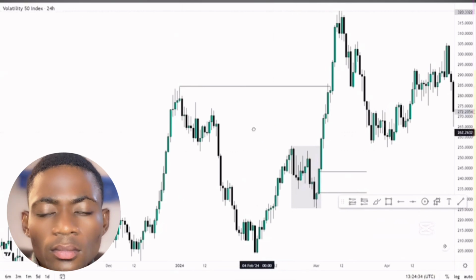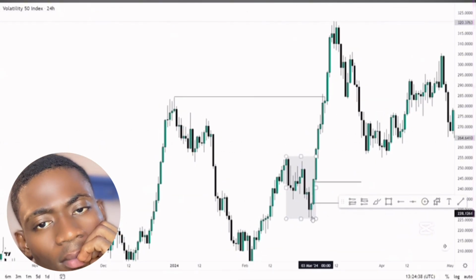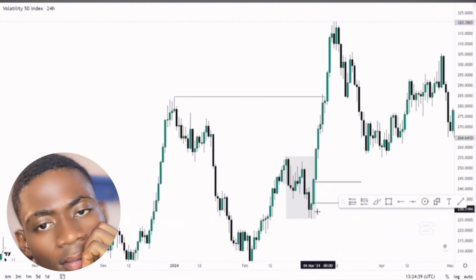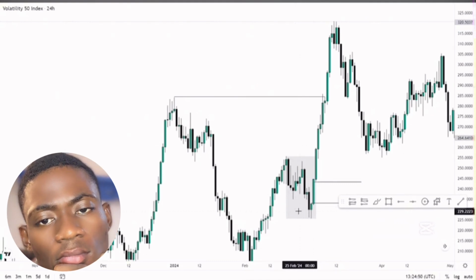Now, after we had that break of structure, where is the possible area of liquidity? Obviously, this low is a possible area of liquidity. In as much as it is an untested area, it doesn't stop it from being a liquidity for that particular area.